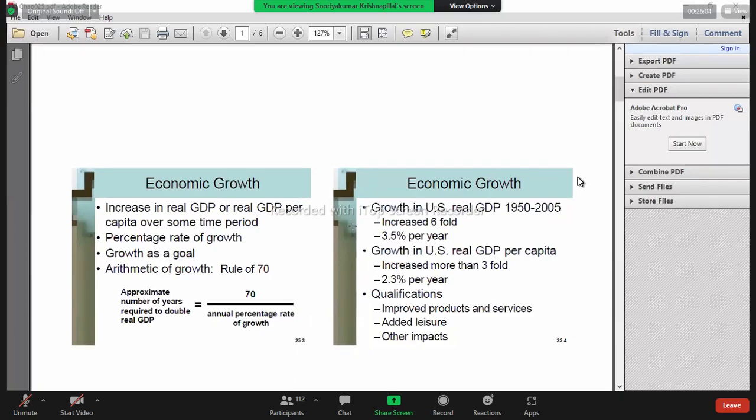The real GDP measures the value of final goods and services using a particular base year.